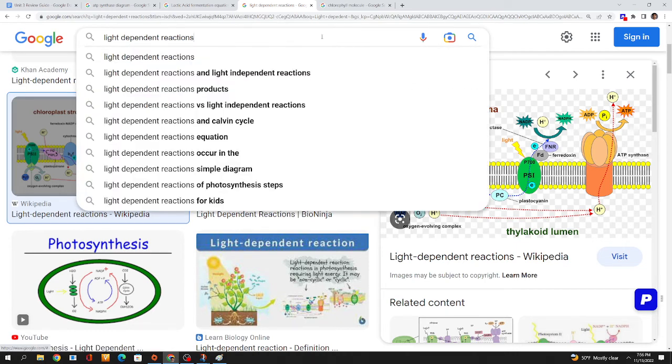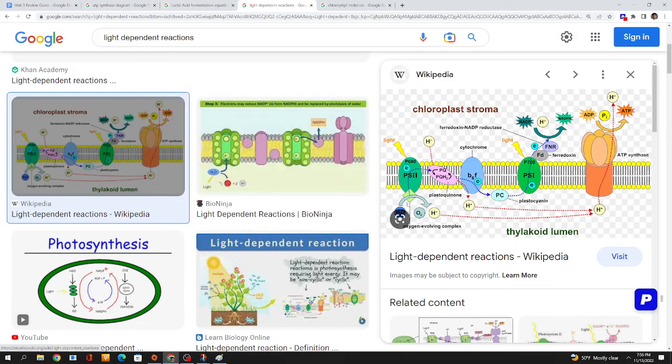Okay. And really the way this all works is the following. As you see, the electron gets shot out and goes into the electron transport chain, and the electron transport chain is going to bring in protons from the chloroplast stroma into the region of the thylakoid lumen, which is like the inner region of the chloroplast.